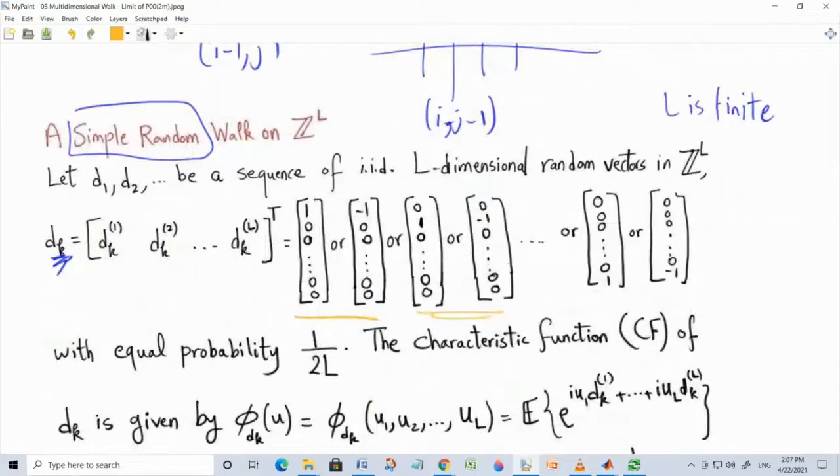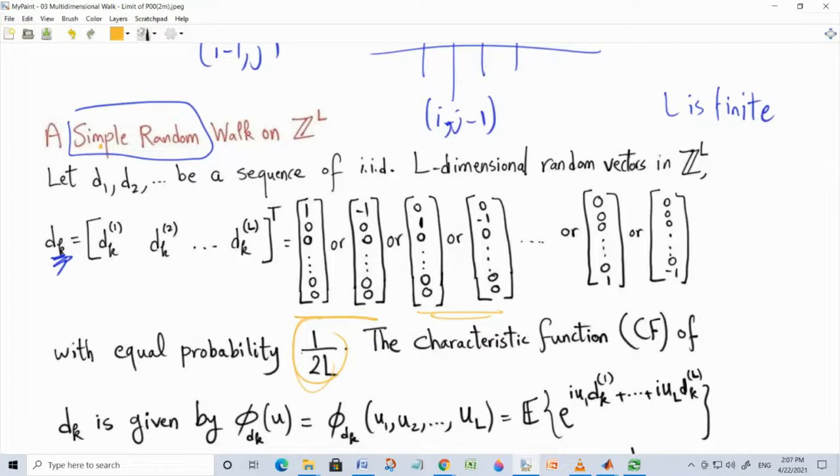Generally speaking, you choose a dimension, and then in that direction you go plus 1 or minus 1. That's the reason we have 2L possibilities for your step. It's a simple walk, so each one occurs with probability 1 over 2L. The special case is L equals 1, where the probability of going left or right is 1/2.